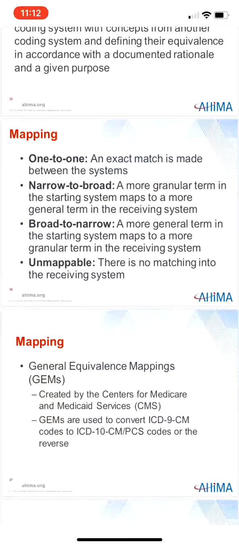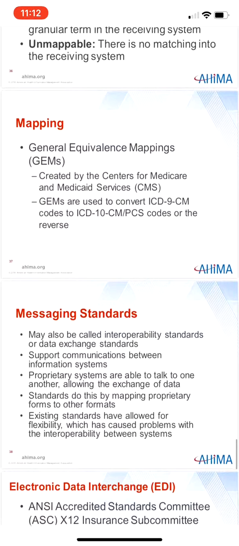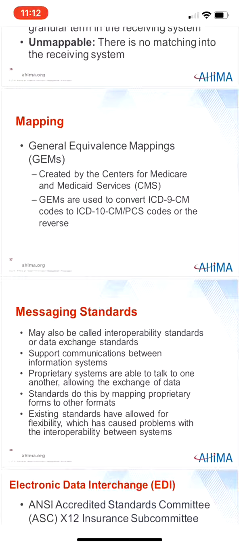All right, so dropping down to the last paragraph on page 210, we're going to talk about general equivalence mappings, or GEMs. A common mapping system is general equivalence mappings. GEMs were created by the Centers for Medicare and Medicaid Services. GEMs are used to convert ICD-9-CM codes to ICD-10-CM or ICD-10-PCS codes, or the reverse.